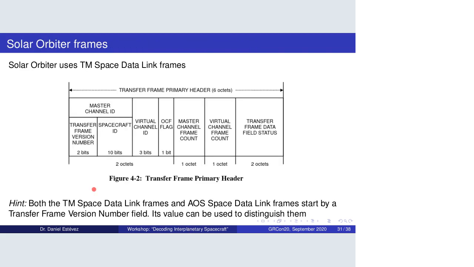In our case, Solar Orbiter uses TM space data link frames. There is the remark that LDPC codes can also do error checking. Probably, I'm not really sure. I'm not so familiar with LDPC codes. I think it would depend on the algorithm you use to decode the LDPC codes.